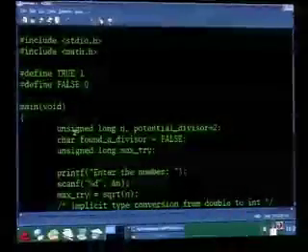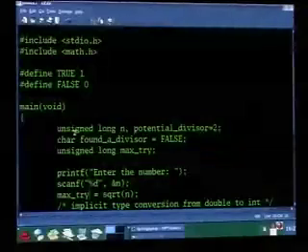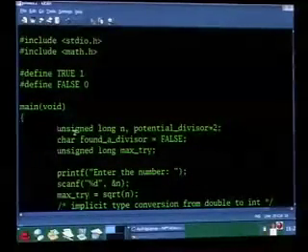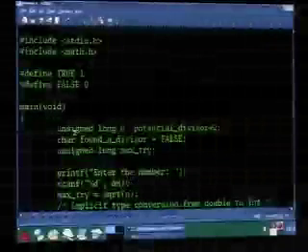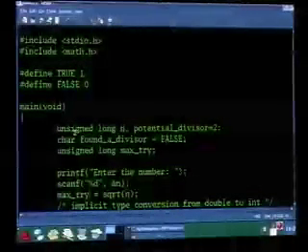So here the compiler automatically converts this double value to an unsigned long value. This is called implicit type conversion, which we will not talk about in too much detail in this lecture. We'll talk about it later, but intuitively, when the double value is converted to an unsigned long integer, the fractional part of the real number will be chopped off and only the integer part will be retained.